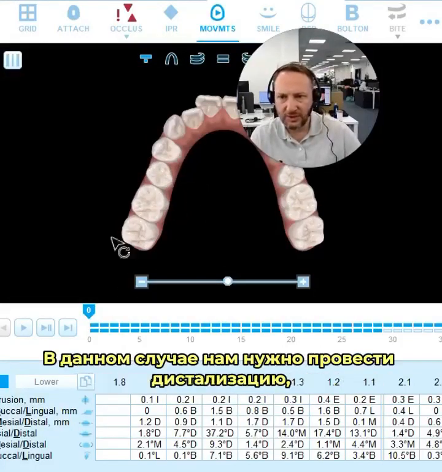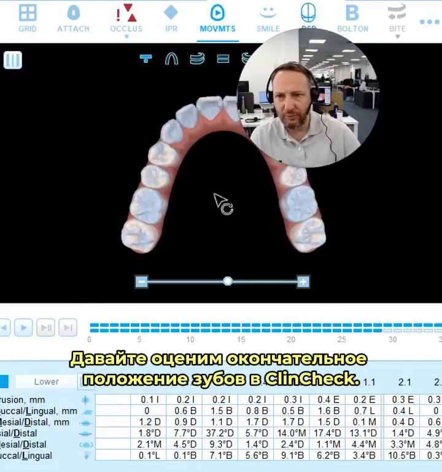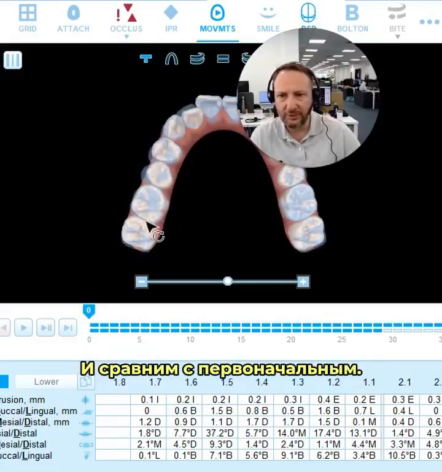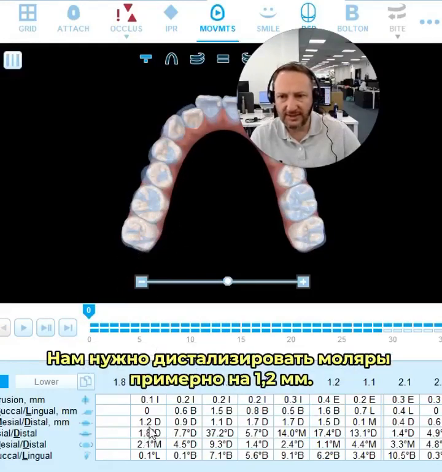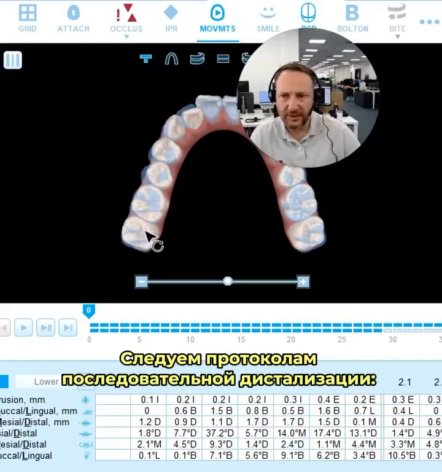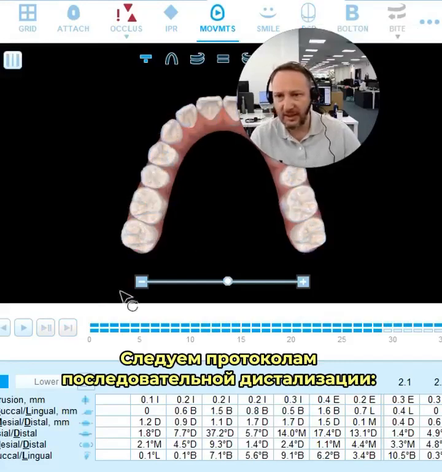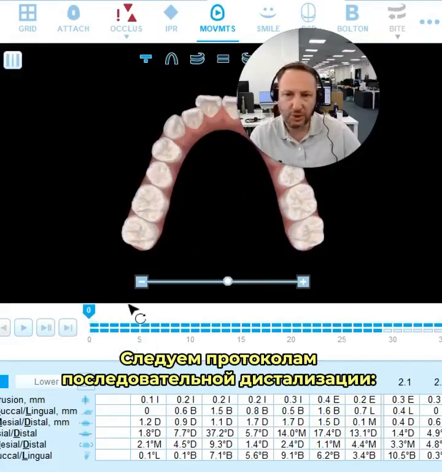In this case, we need to distalize the molar a little bit. When we bring the ideal final position in blue and compare it to the initial, we need to distalize the molars around 1.2 millimeters. To open space, since we need to distalize, we use sequential movement.